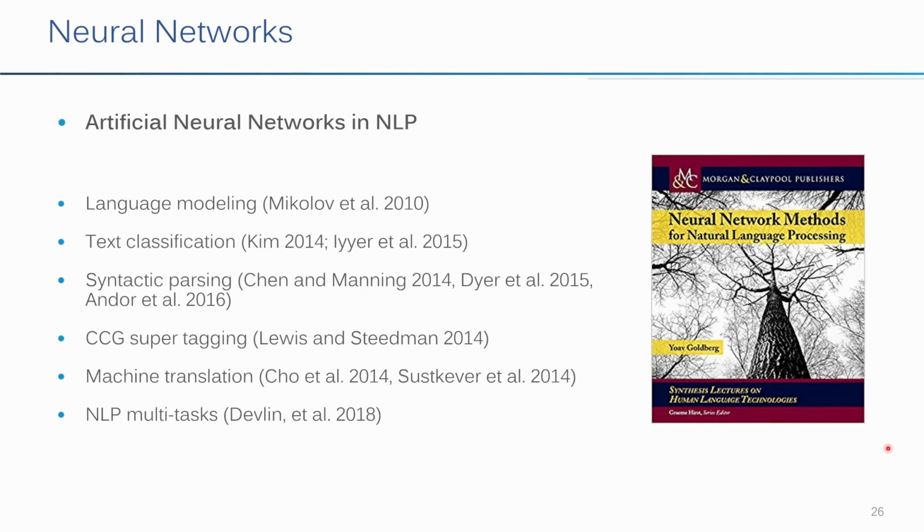But we gain in performance, scalability, generalizability, robustness, and so on. That being said, there are a bunch of books that you can take a look at about neural networks for natural language processing, so I'll leave this here as a matter of reference.